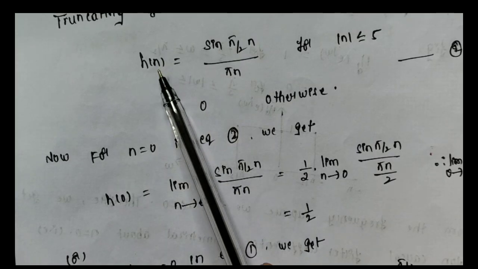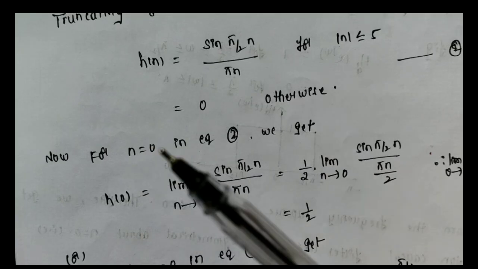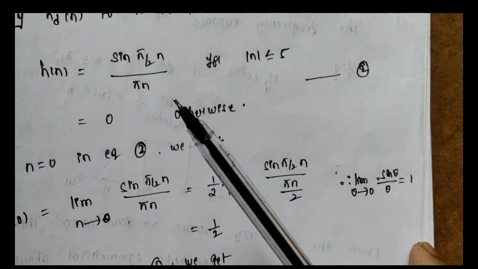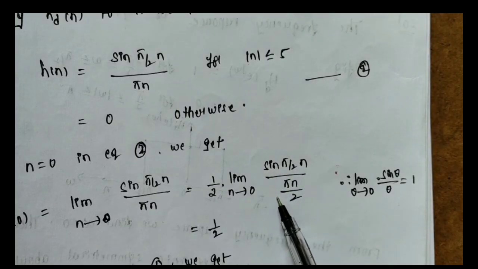If you substitute n equal to 0 in this condition, h(0) becomes the limit n tends to 0 of sin(π/2 n) by πn.